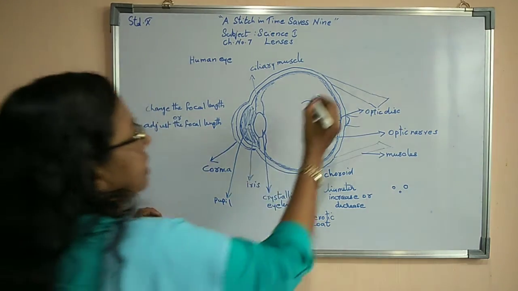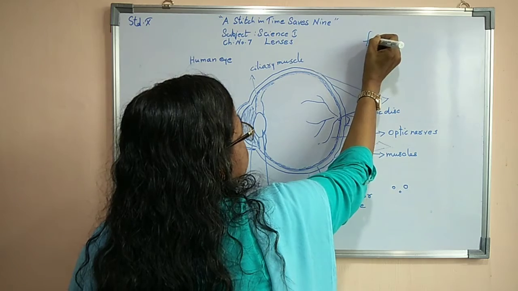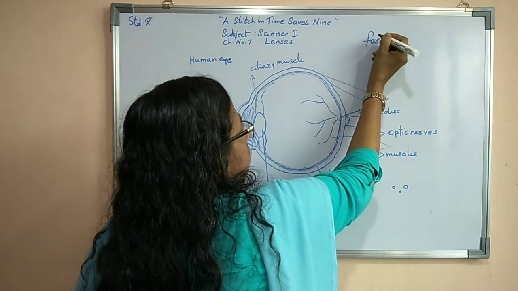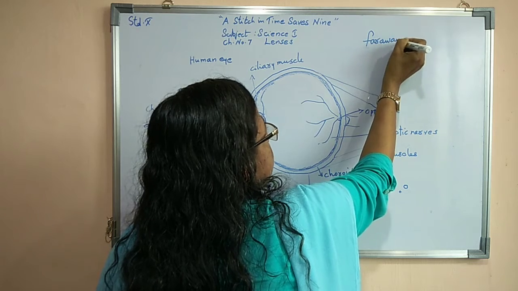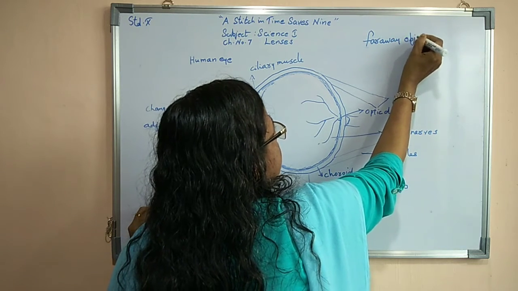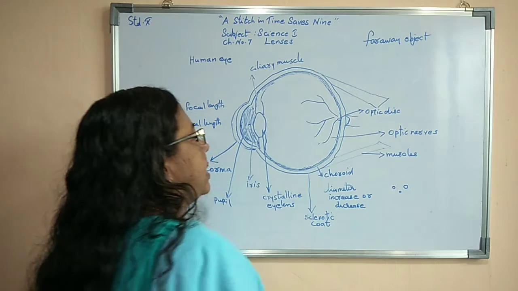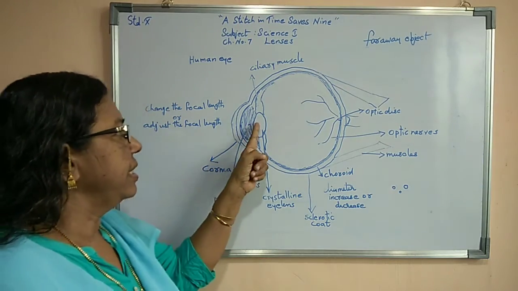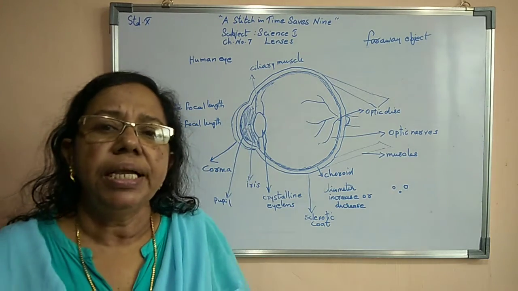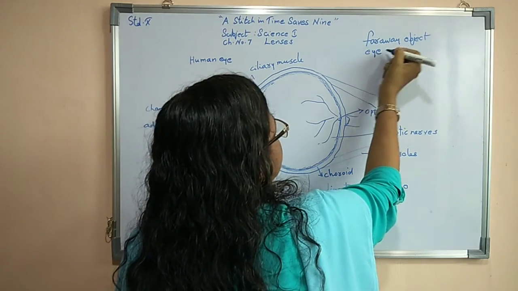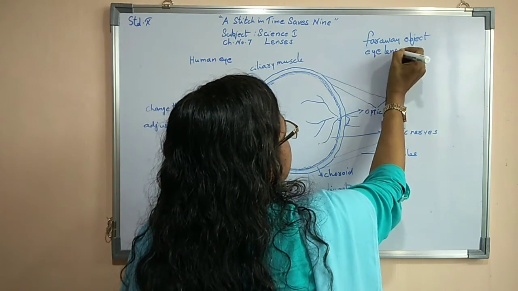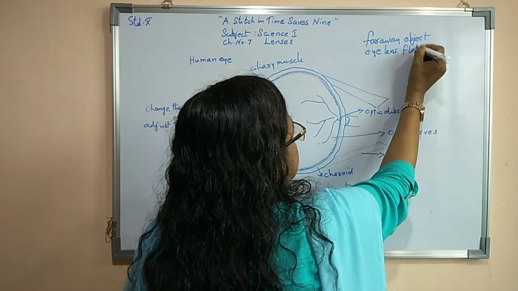If the object is very far, or if the eye wants to see a far away object, at that particular time this eye lens flattens.